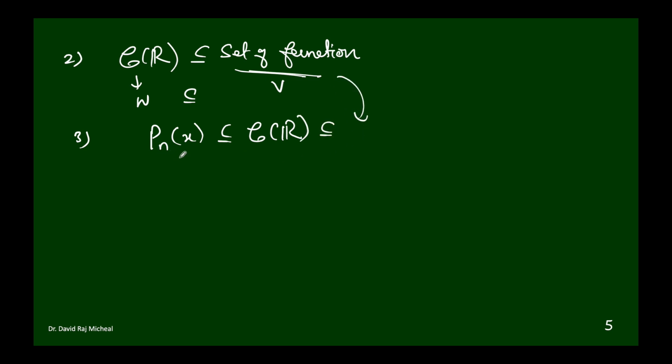Therefore Pn of x is a subset of C of R and by itself is a vector space, so it is a subspace of C of R, and also a subspace of the set of all functions S. Likewise I can generate many examples, but before that I would like to quote one theorem which gives you an equivalent definition to verify whether a given set is a subspace or not.